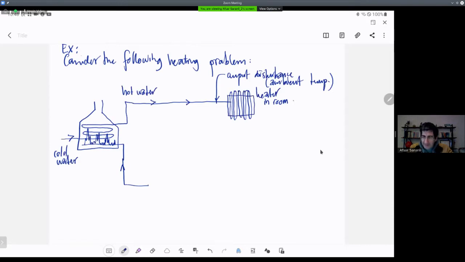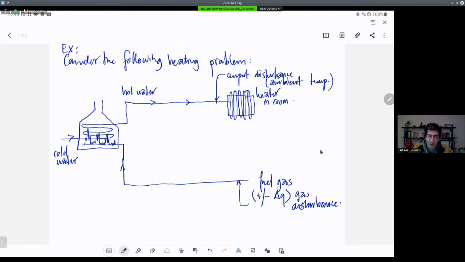Okay, and then we have gas line, so fuel gas. But there is also a fluctuation plus minus delta Q here. Okay, so this is let's say gas disturbance. Okay, we can just put it like another disturbance over here.